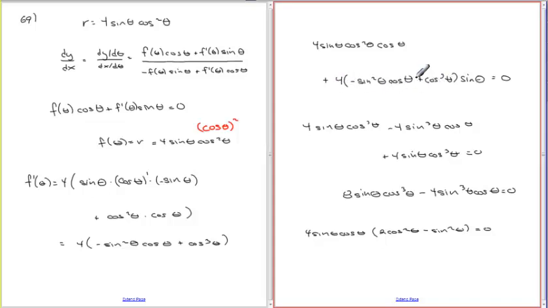This is f prime of theta, which is that term, times sine of theta. My dilemma is I thought we had cosine squared minus sine squared of theta. So I'm going to stop for just a second because something doesn't quite seem right.